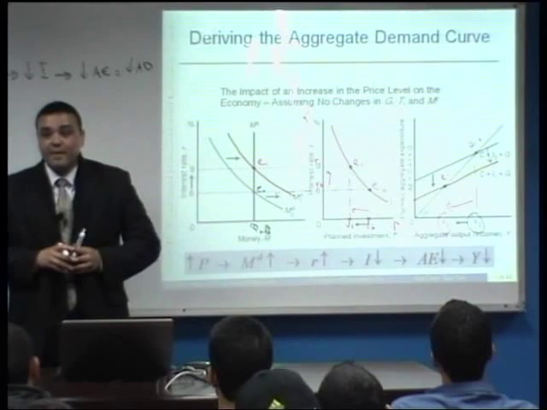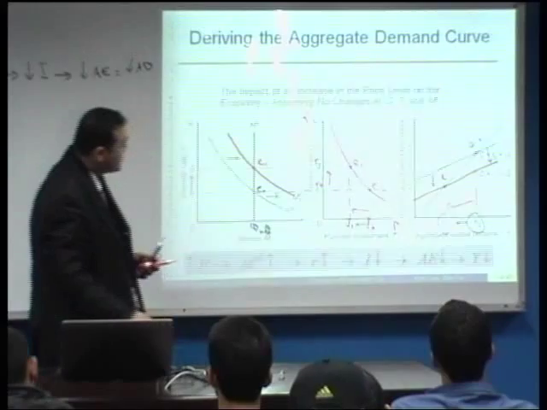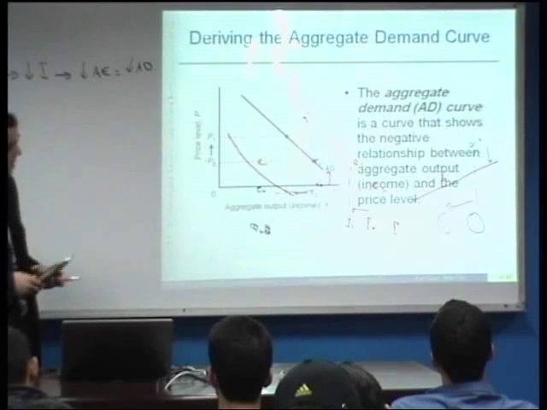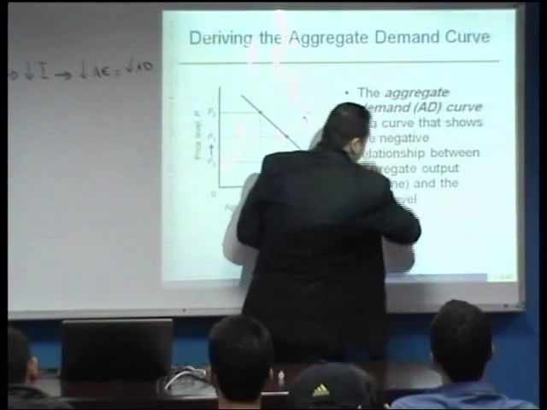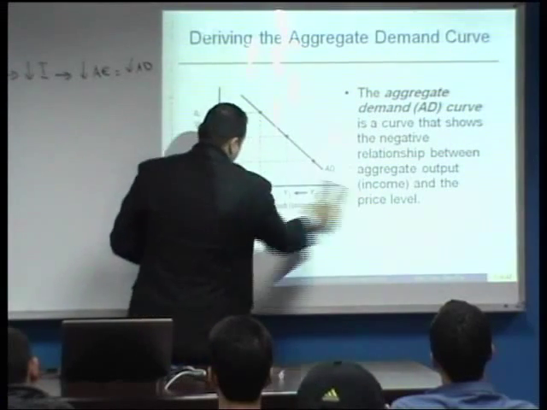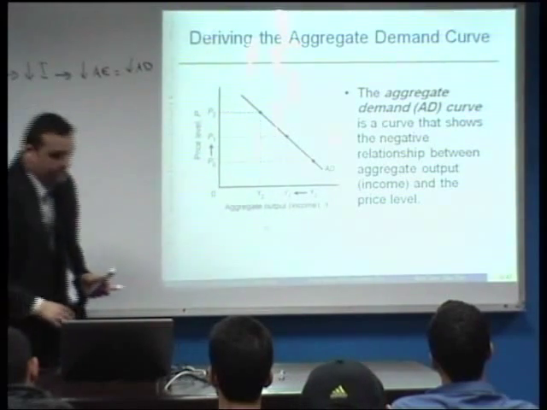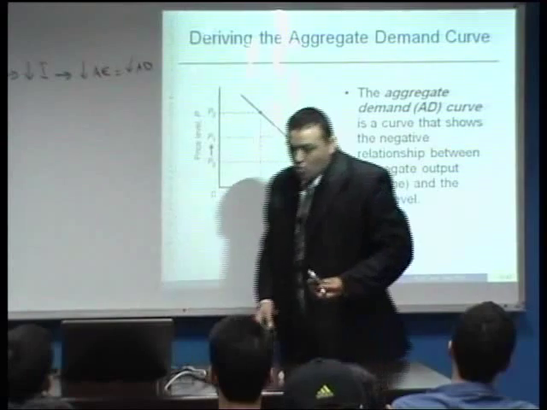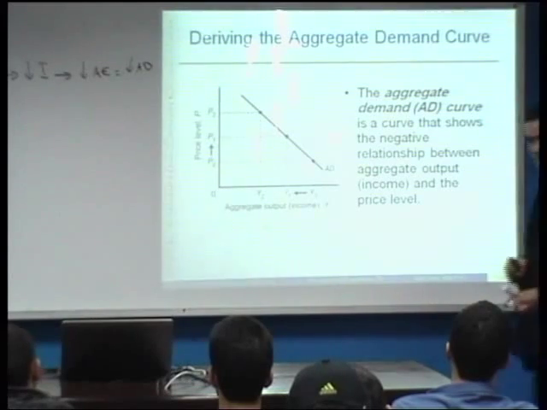So let's derive the aggregate demand curve. As we mentioned, the aggregate demand shows the negative relationship between Y and the prices. The aggregate demand curve shows the negative relationship between the aggregate output or income and the price level.